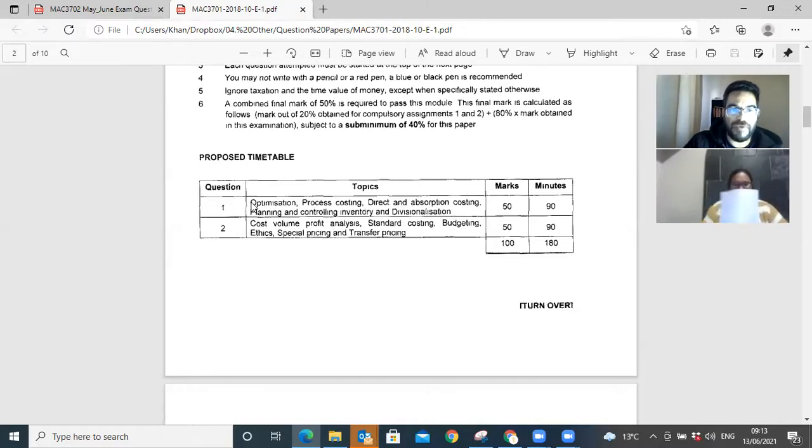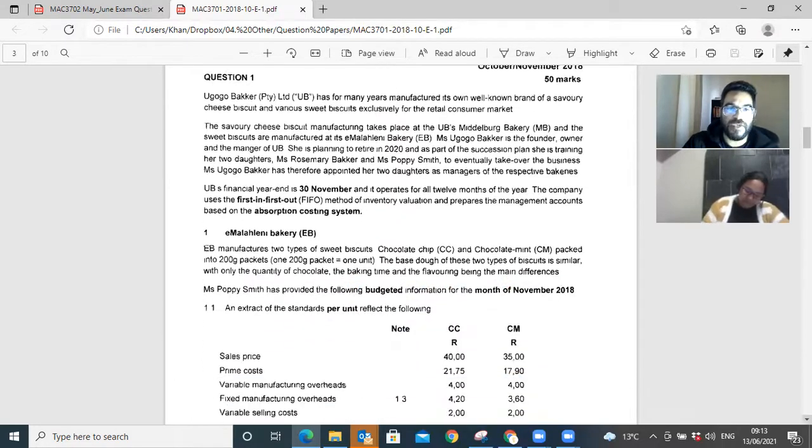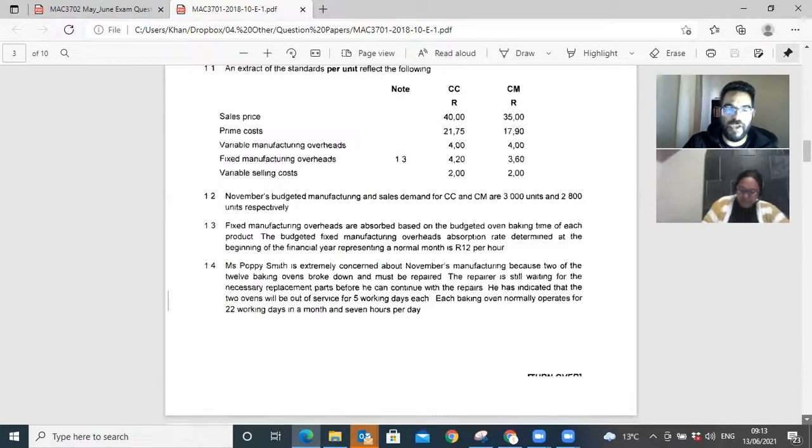Optimization is where there's a limiting factor. You may have 3 products, but you can't produce all 3 because there's some limiting factor. Process costing is some costing thing. We know direct and absorption costing, which is basically your costing systems. So we're going to read the required first, and then we're going to read the scenario.